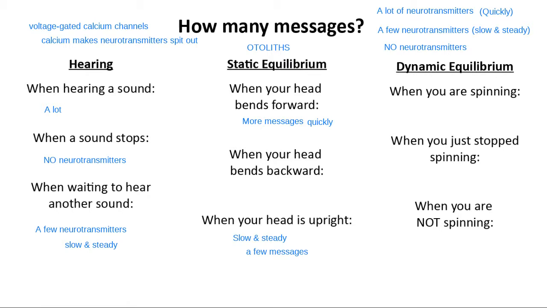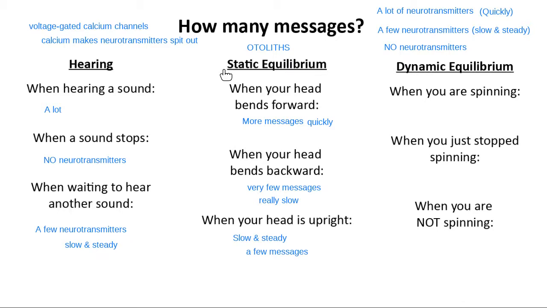Just by the fact that we've got stuff pressing on them, we will still always spit out a few, but it's a lot fewer than normal. So when we talk about bending our head backwards, it's very few messages, or we're talking really slow. We activate that nerve a whole lot less when our head goes backwards. So when your head goes backwards, we're sending fewer messages. Remember I gave you guys the example with static equilibrium.